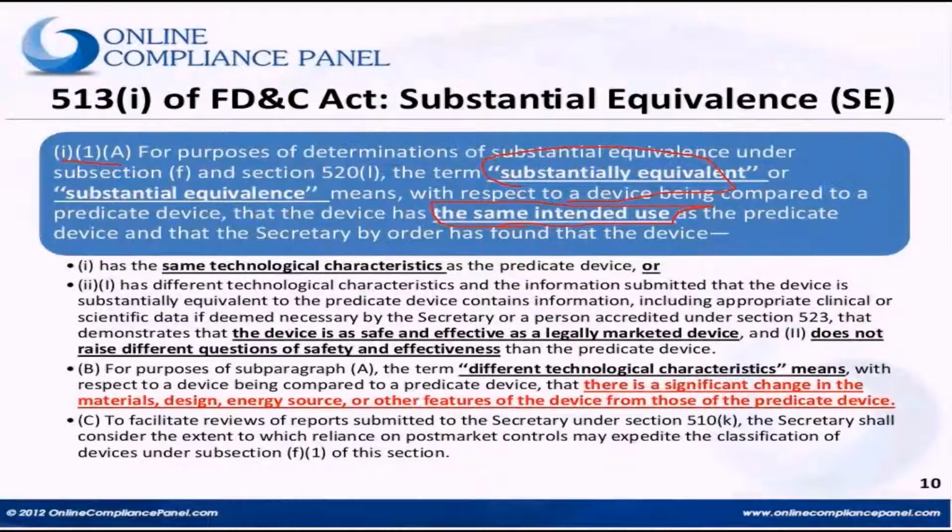In fact, in the statute the language is right here, same intended use as the predicate, and also the same technological characteristics. Even though the FDA guidance document states that this is a proposed change later on, when you look at the actual statutes, it is the same language.